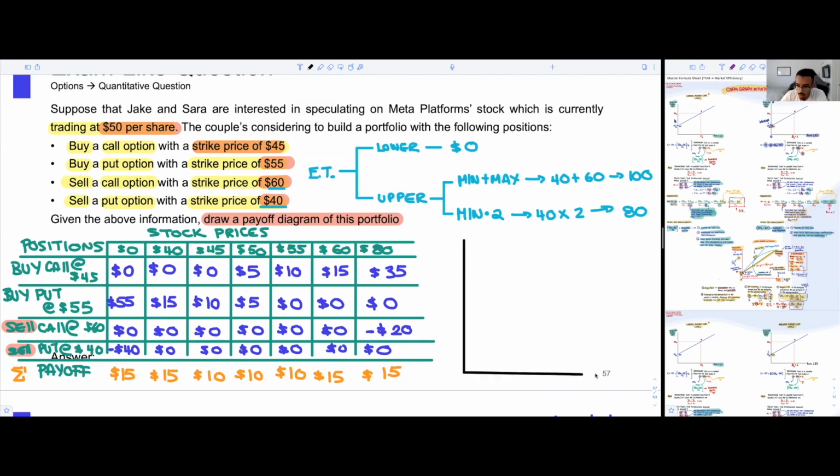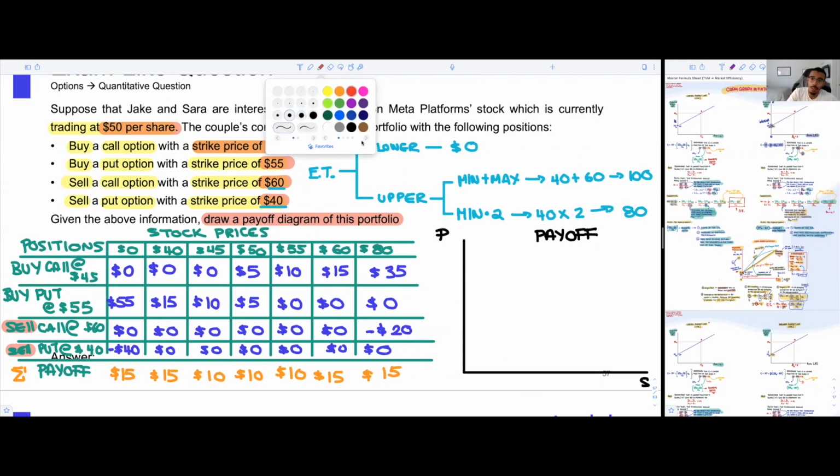All that you have to check is that you're going to have your stock price on your horizontal axis, so on your x-axis, and you're going to have your payoff on your y-axis, so your vertical axis. So this will be our payoff diagram. Okay, and what we're going to do now, just because we are super comprehensive, is assign colors.